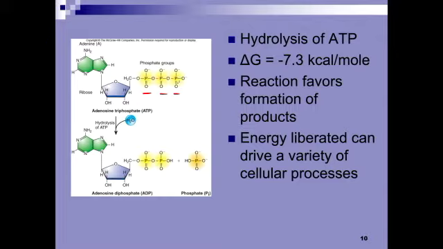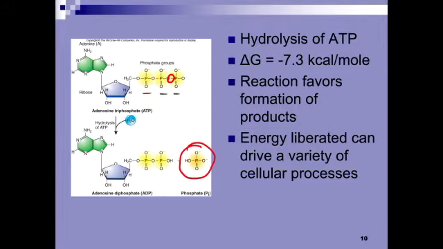And what ATP does, and we saw this in cell signaling with phosphorylation, is it drops off this phosphate group. So this is a free phosphate group. When it does that, it's breaking this bond right here, and there's a ton of energy in there.